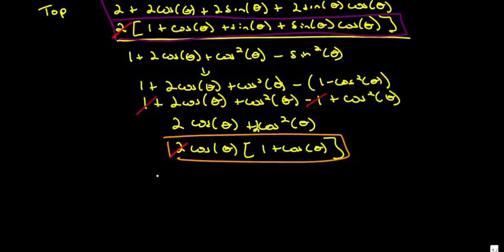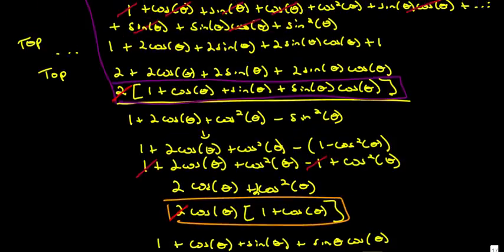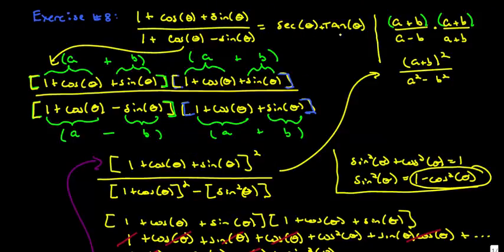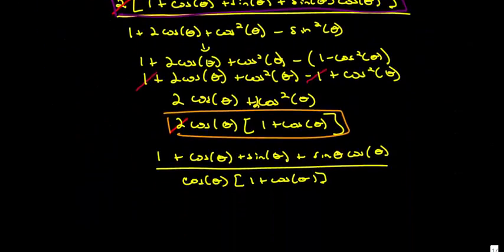So on the top, I've got 1 plus cosine theta plus sine theta plus sine theta times cosine theta over cosine theta times 1 plus cosine theta. Let's go back and try to figure out where we want to go. Okay, so secant plus tangent. We're still a little bit of ways off.